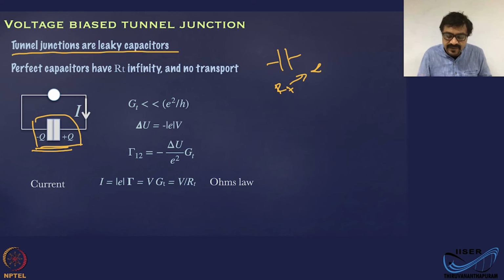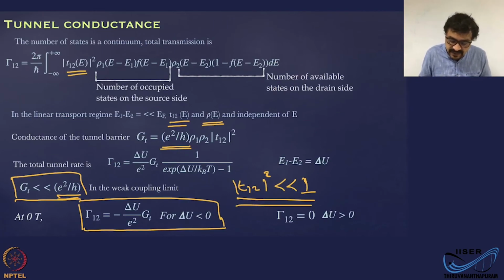So, in the event of GT is far less than e square by h, we have delta U minus eV. That's a negative quantity. And from the previous expression, we have gamma 1, the tunnel rate, is delta U by e square minus delta U by e square into GT.